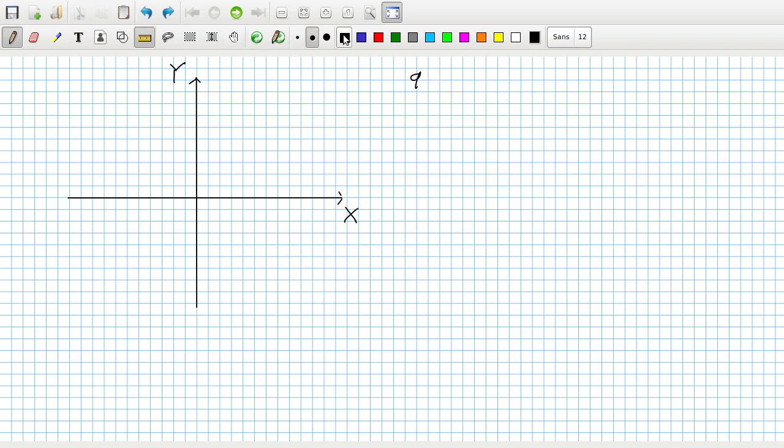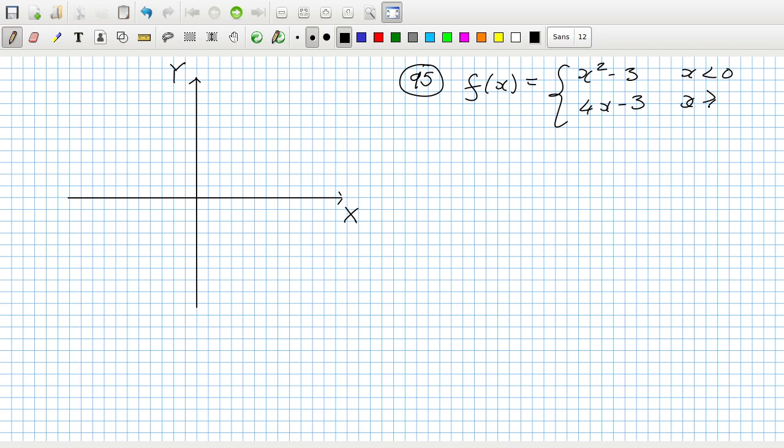95. Okay. At 95, we've got f of x equals x squared minus 3 when x is negative. Sorry, why did I say positive?